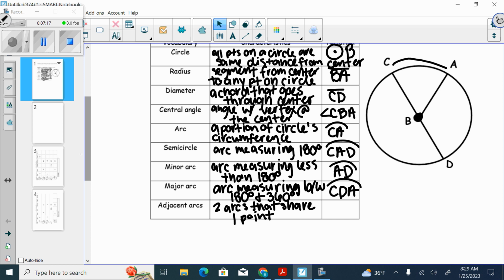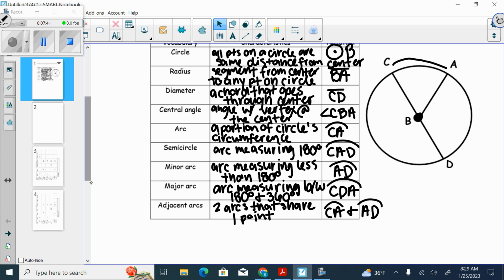Good. Okay, so what would be an example of two adjacent arcs here? Perfect. Arc CA and arc AD, because they share the common point of A, right? Okay, good.